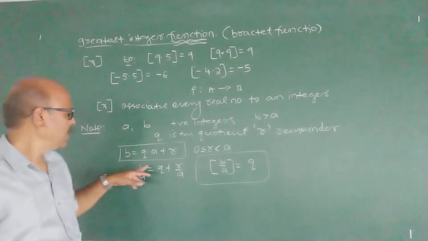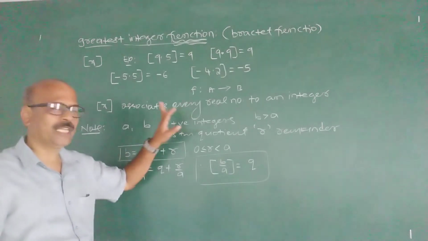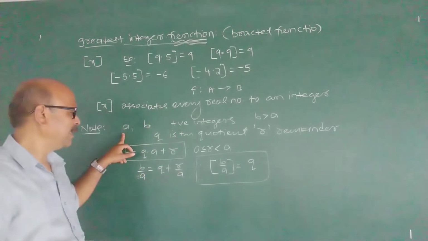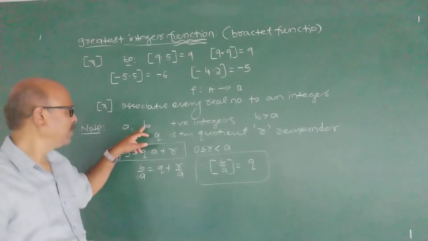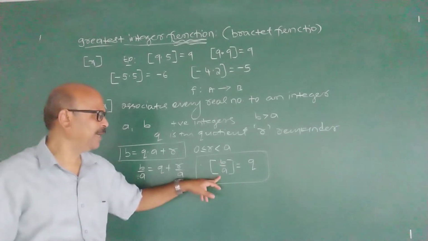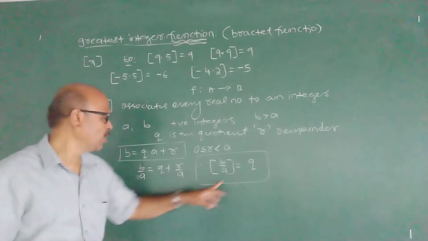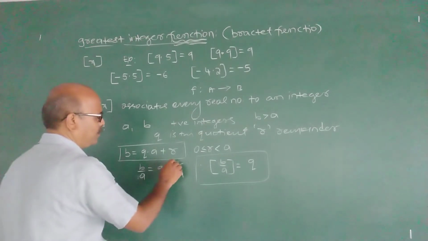I explain. Suppose A and B are any two positive integers, and B is greater than A, and Q is the quotient when B is divided by A. Then greatest integer function of B by A is Q, because what is this R by A?